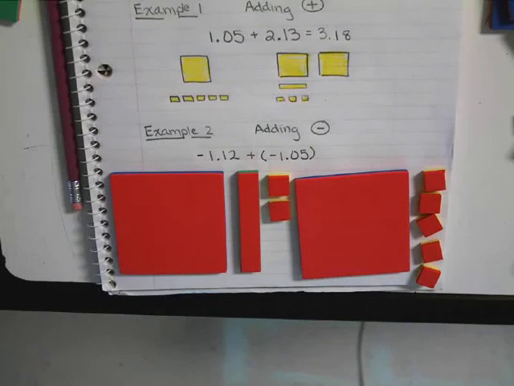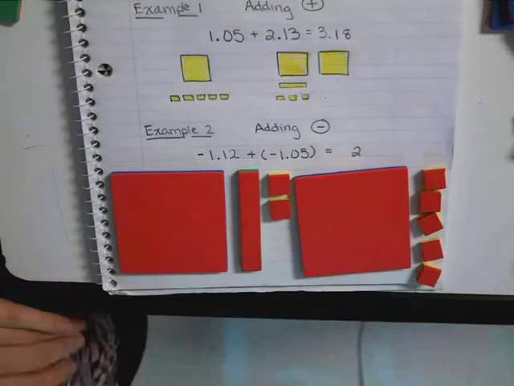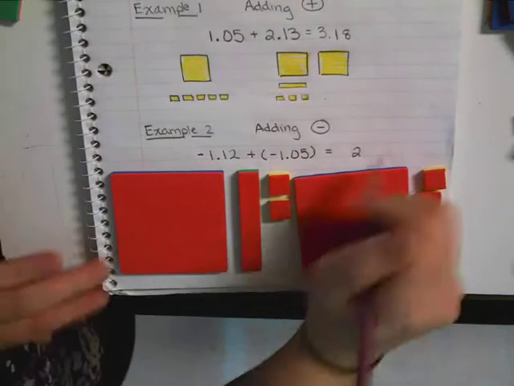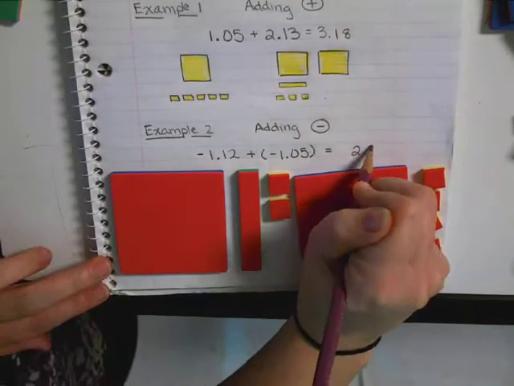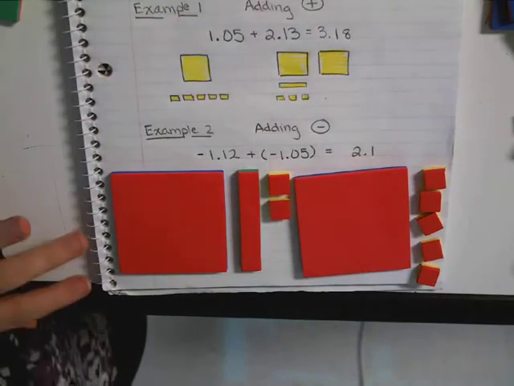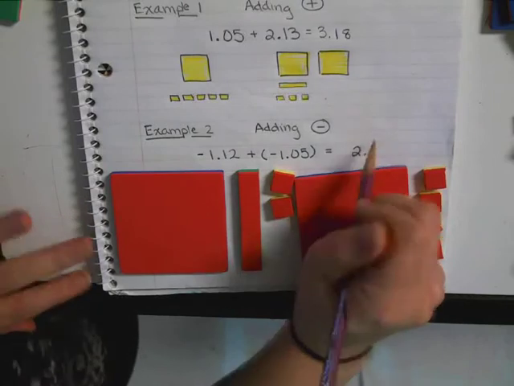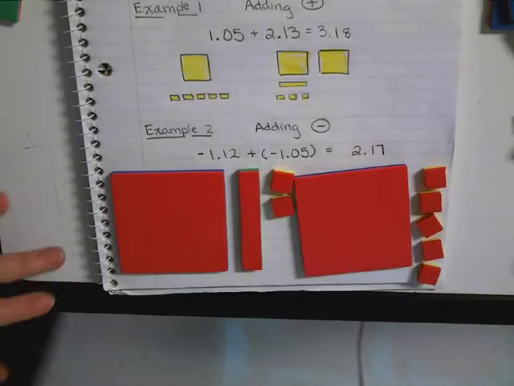How many ones do I have altogether? 2. How many tenths do I have? 1. And how many hundredths do I have? I have 7 hundredths.